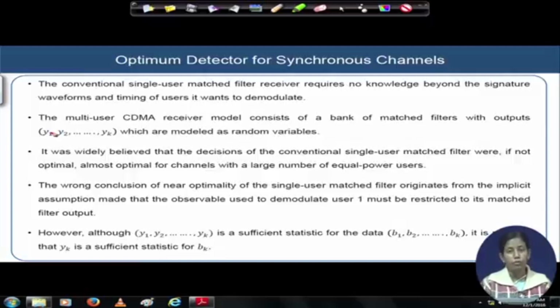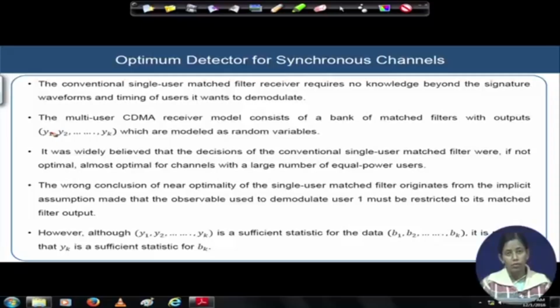We will show that on top of it you also need to either know a priori or estimate the values of the amplitudes of the signals you are receiving corresponding to all the users, the amplitude of each and every symbol transmitted by all the users. The noise variance is also an important factor that you must know, or you must estimate in some way, so that your detector performance is improved.